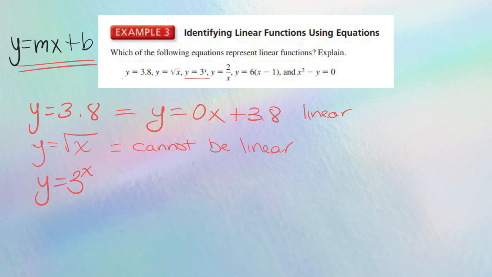No, because my x is in the power, right? So that cannot be written as a linear function. Okay, what about the next one? y equals 2 over x. Can that be rewritten as a linear function? No.